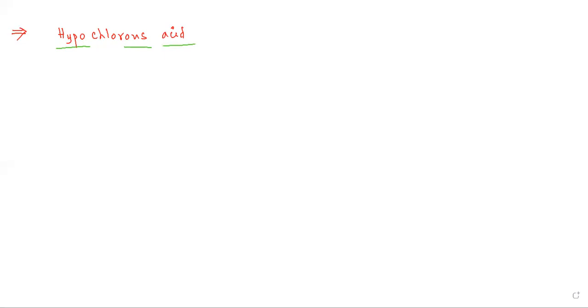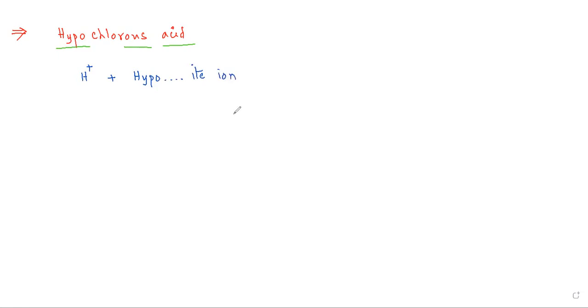In order to get the formula of a hypo-ous acid, what are the things to be taken? Anyway, whenever you are asked to write the formula of an acid, take H plus first. And because you are asked to write the formula of a hypo-ous acid, H plus has to be taken along with the hypo-ite ion.